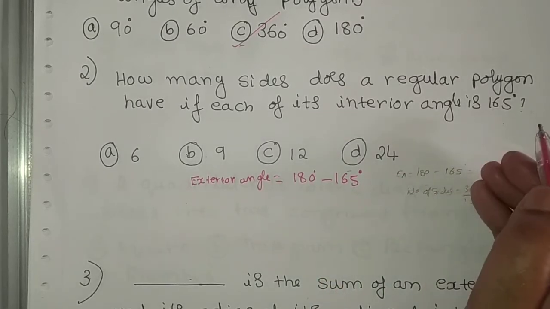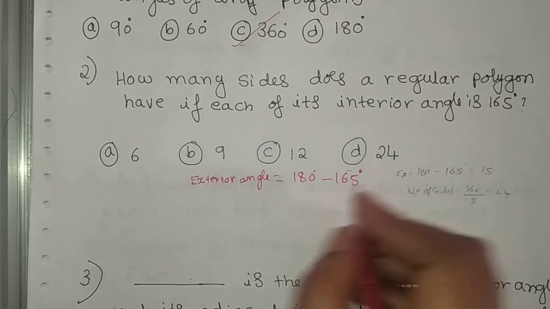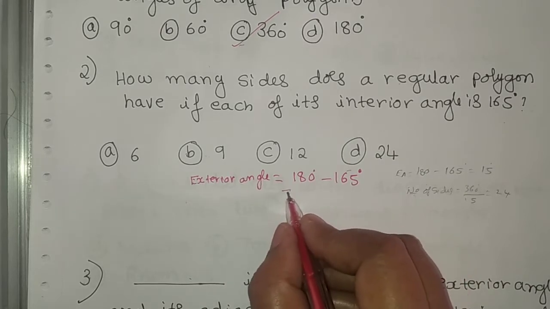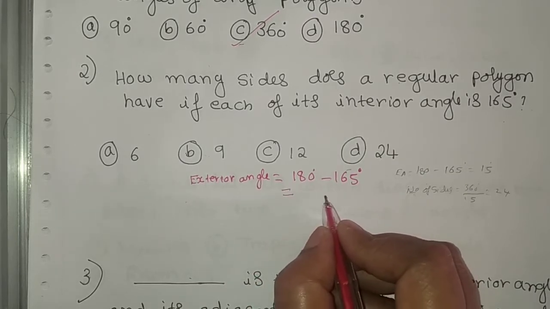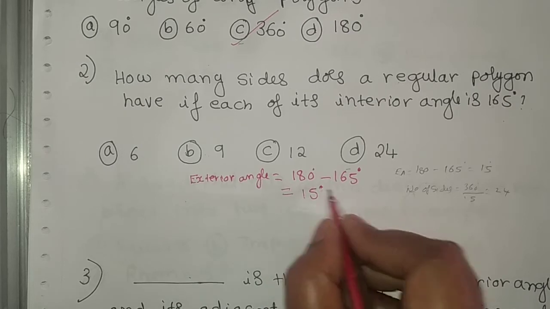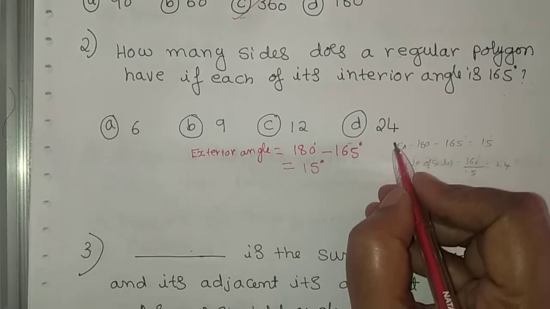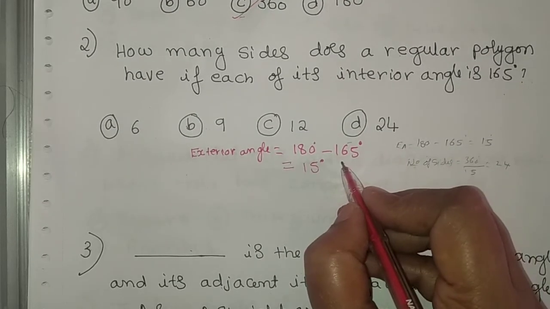So 180 minus 165 will give you 15 degrees.